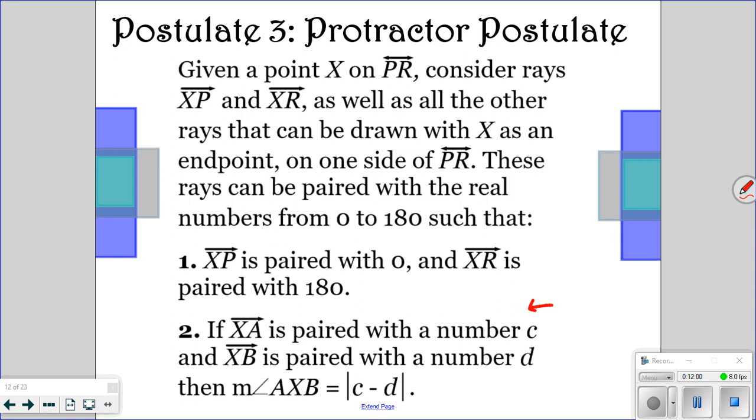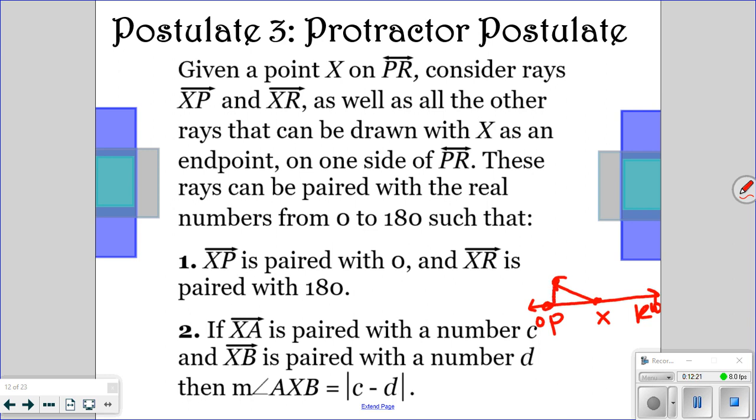So I'm going to draw this out real quick. PR, and it says XP is 0 and XR is 180. And then A is somewhere in between these. So I'm going to put A up here.